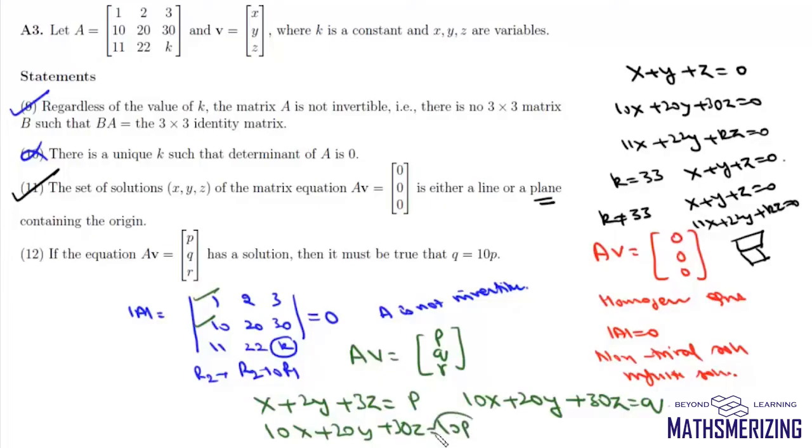Now the system of equations will be consistent if 10P is equal to Q. So in order to get a solution for this, Q must be equal to 10P. That means statement 12 must be correct. So statements 9, 11 and 12 are correct, and statement 10 is incorrect.